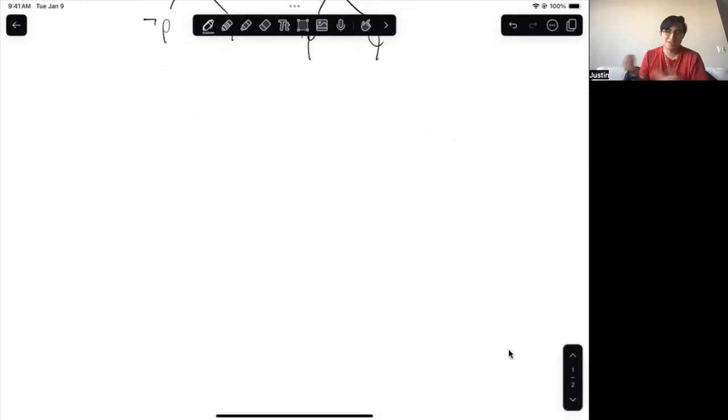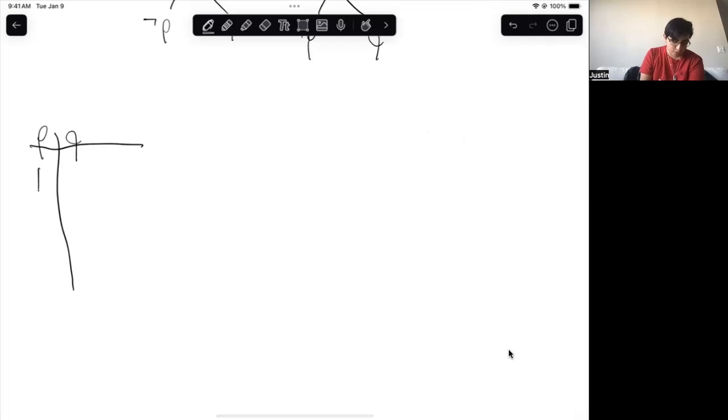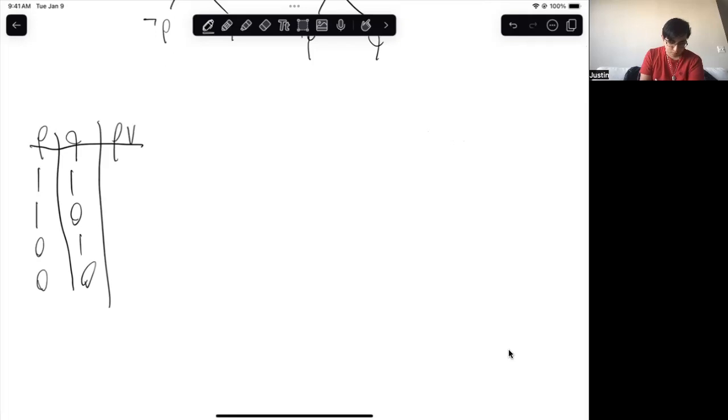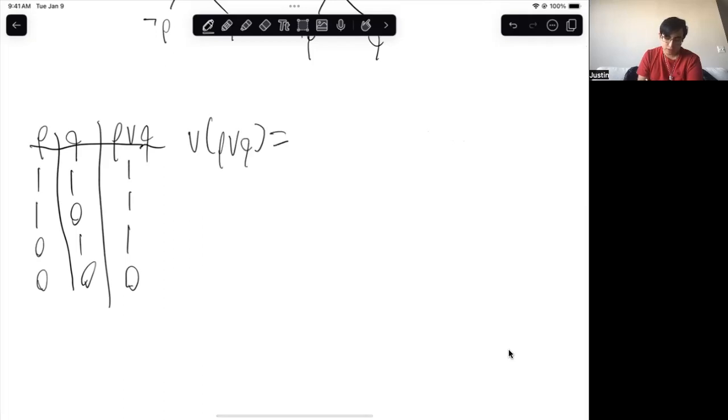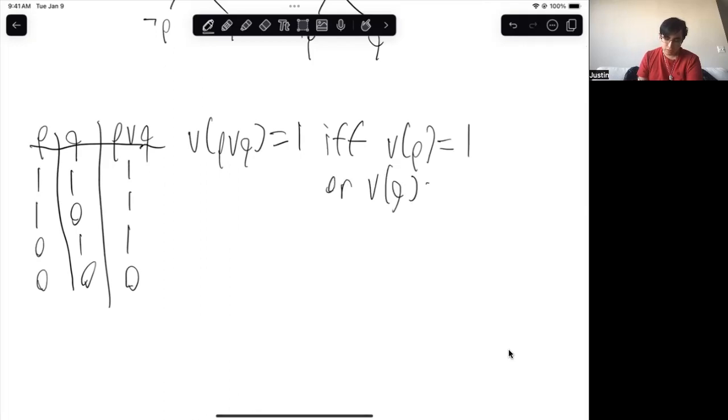Let's just see how it works for the disjunction. So you have P, you have Q: 1, 1, 1, 0, 0, 1, 0, 0. Again, the value of this disjunction is true if and only if the value of P is true or the value of Q is true.